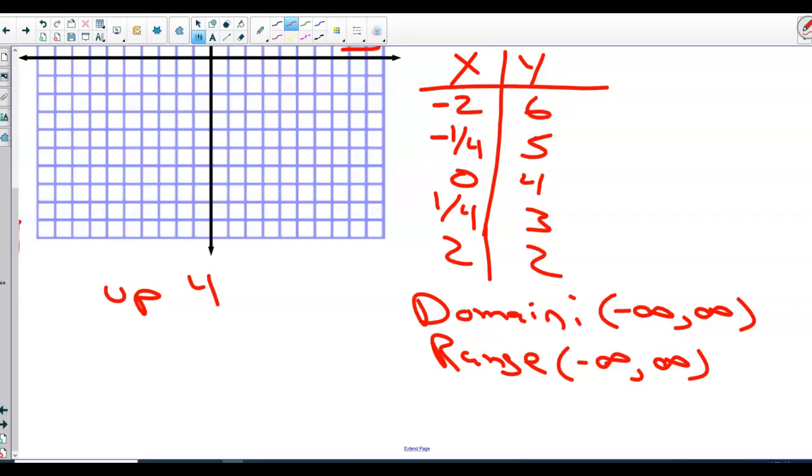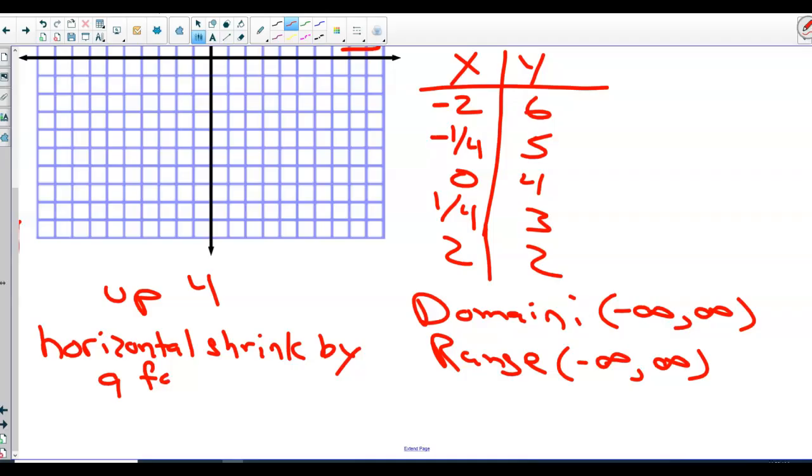Now, here's the deal. You have a negative 4 in front of the x in the radical. That means it's a horizontal shrink by a factor of 1/4. You always take the reciprocal of the number in front of x when you're doing horizontal shrink and stretch.